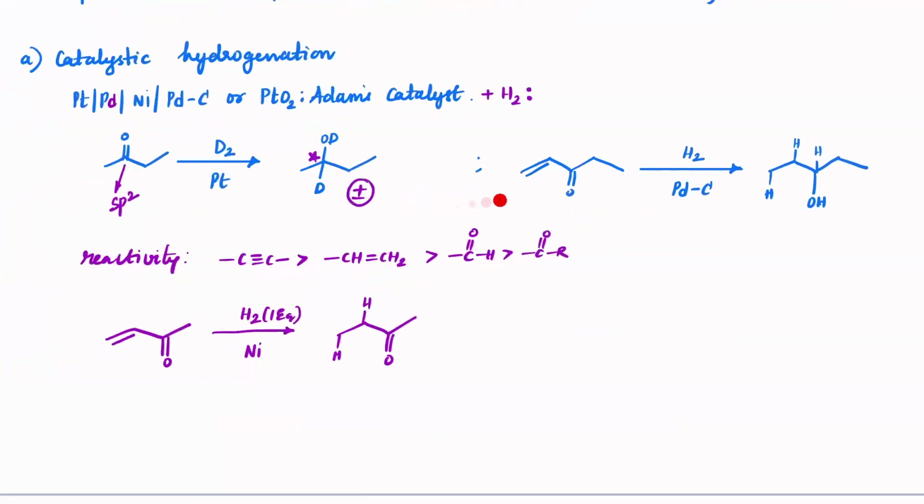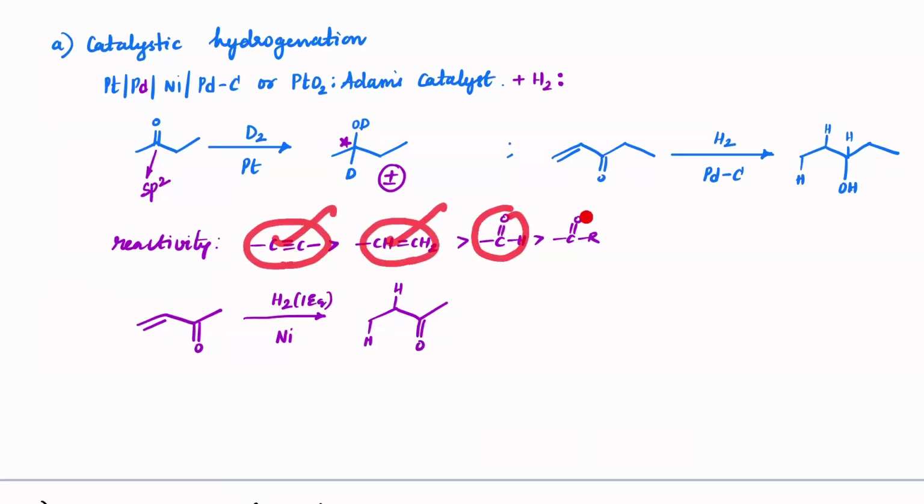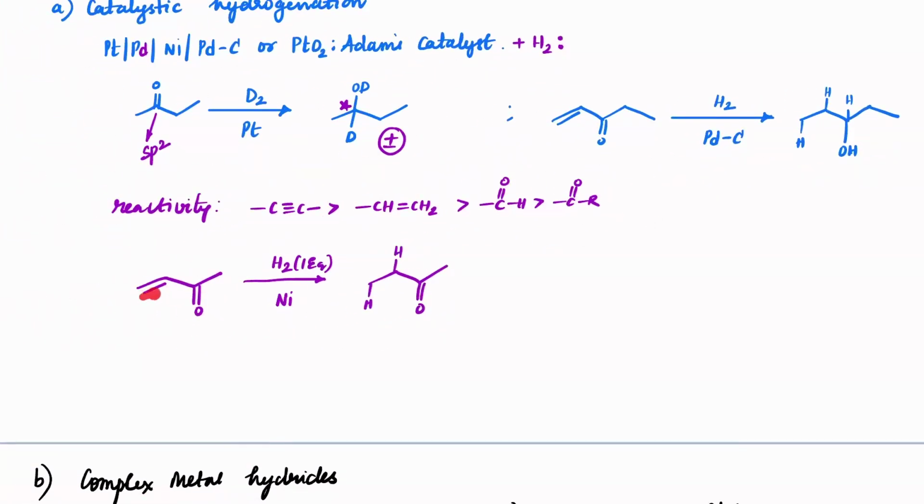Now, if you notice the usual reactivity, correct? Alkenes are extremely reactive towards catalytic hydrogenations. Then alkenes, alkynes, alkenes, then aldehydes and ketones. Okay, which means if at all we have one carbon-carbon pi bond and one carbon double bond O, then H2 will first get added onto this position here.